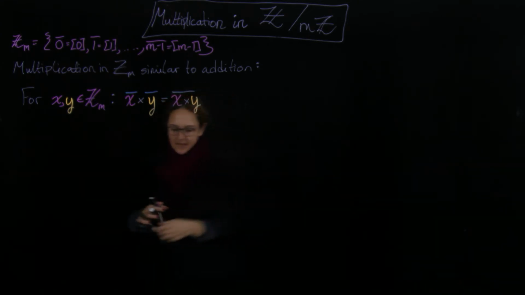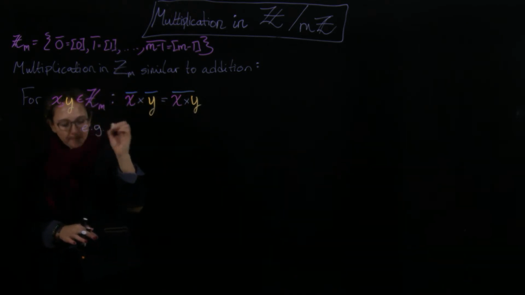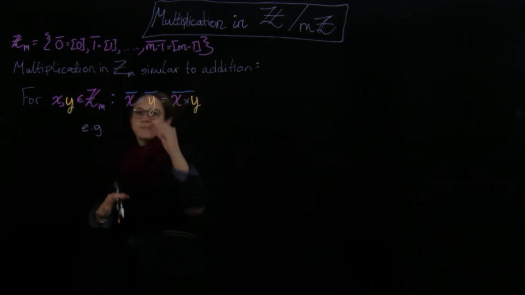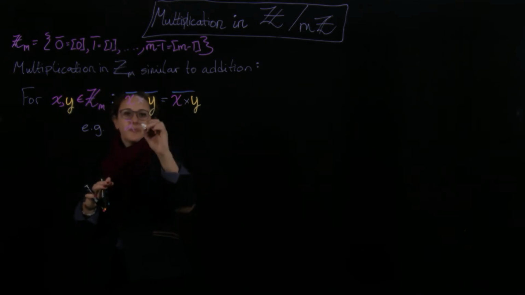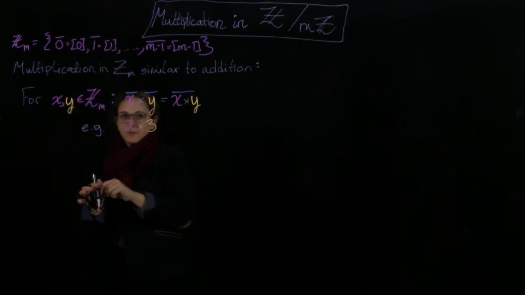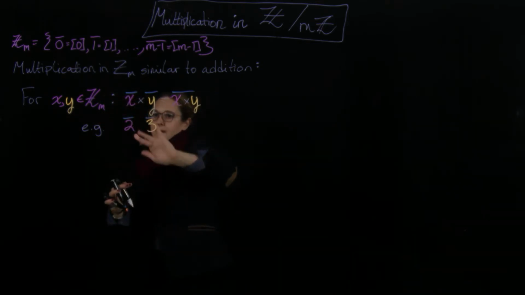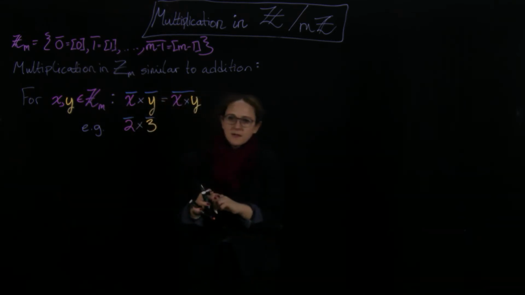Okay, so let's look at an example, and then we'll do an entire multiplication chart. If I want to take 2 times 3, if I do the bars like this, usually we want to use that notation there.